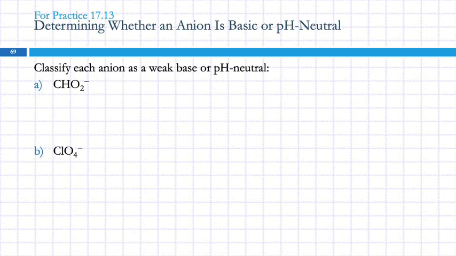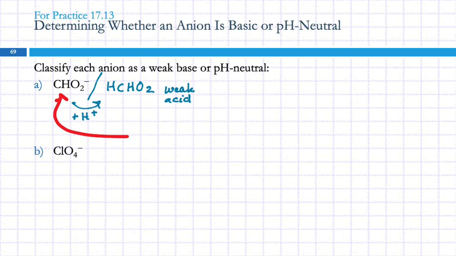So is this going to act as a weak base, or is it going to be pH neutral? This is going to be a weak base. You can kind of think of the base and the conjugate acid as being in a tug-of-war for the hydrogen ion.